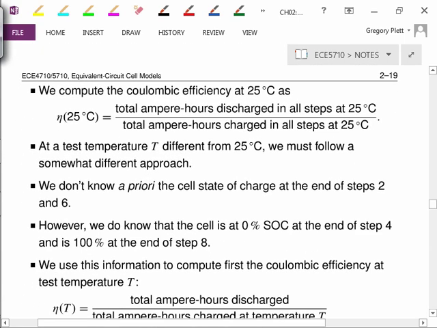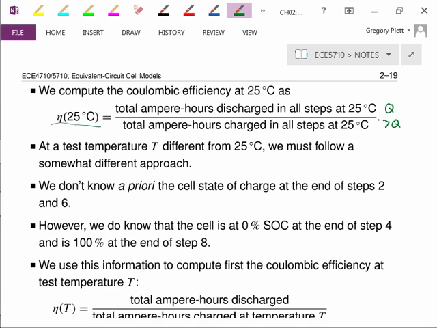And this allows us to compute the coulombic efficiency of the cell at 25 degrees Celsius to be eta, evaluated at 25 degrees Celsius, equals the total ampere hours discharged in all steps at 25 degrees divided by the total ampere hours charged in all steps at 25 degrees. And this is going to be Q, and this here is going to be greater than Q, and that gives me a quotient that is going to be less than 1, so less than 100% efficient.